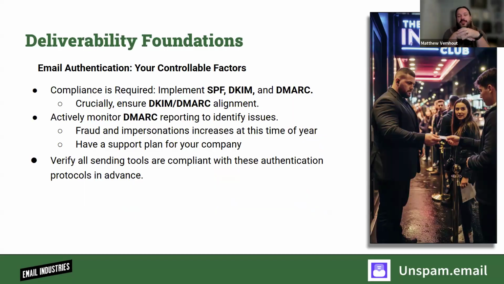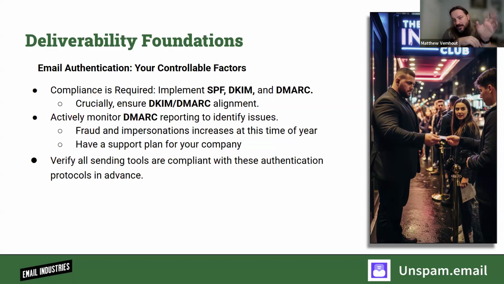So, based on that roadmap, we're going to talk about the fundamentals of getting email delivered. Clearly, the first thing that we always want to look at as delivery consultants and as marketers is how is your authentication doing, right? And I would say the crucial part of authentication now, and certainly more so as we move into the future with future authentication solutions, is going to be your DKIM DMARC alignment, right?